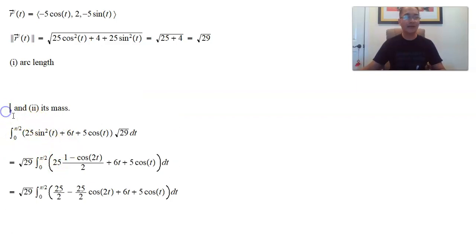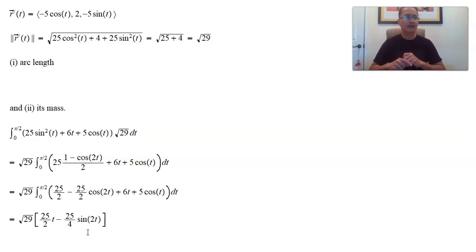Okay, so here we go. We are finding the mass. What are the antiderivatives? Bring the constant over. So we got 25 over 2 t, and then, is that going to be minus? Yes, it's going to stay minus 25 over 4 sine 2t.